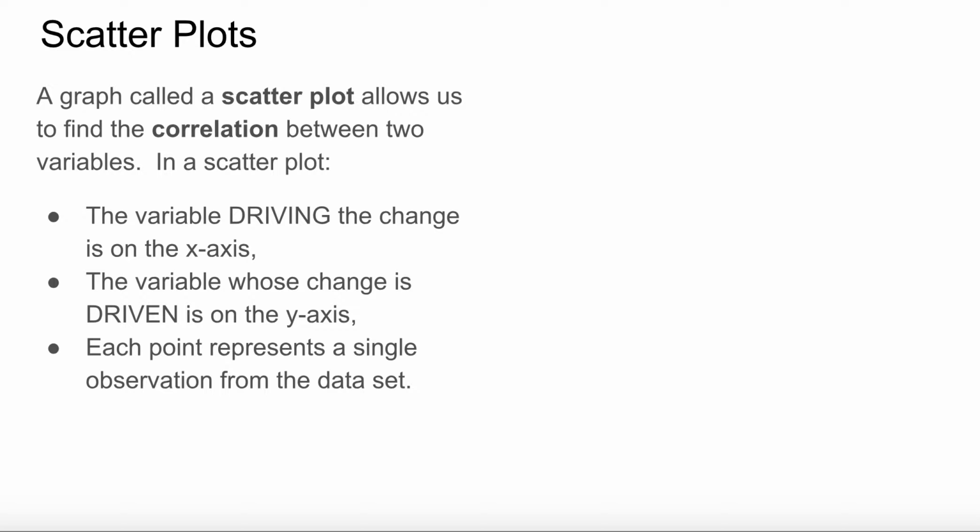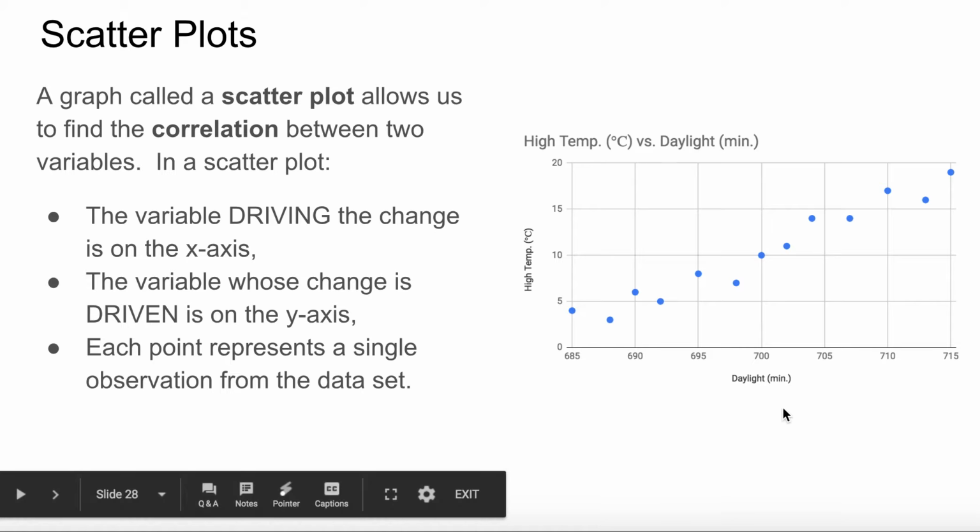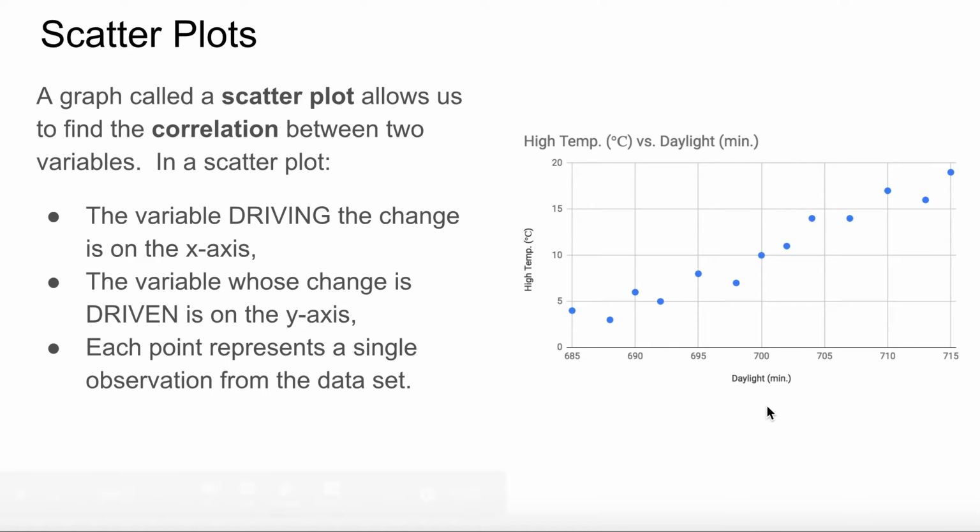So let me show you the scatter plot that I have created from daily high temperature and length of day. You'll see here, I think personally that the daylight is what drives the high temperature, because the length of the day is determined by something very far away. That's the sun. It can't really be changed that much, but the high temperature obviously is changed by a lot of things, the weather, et cetera.